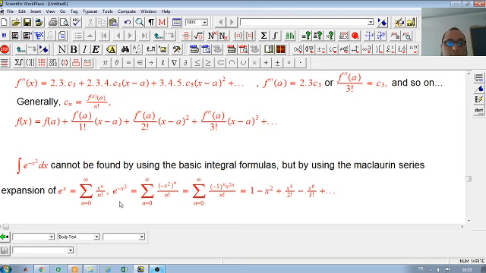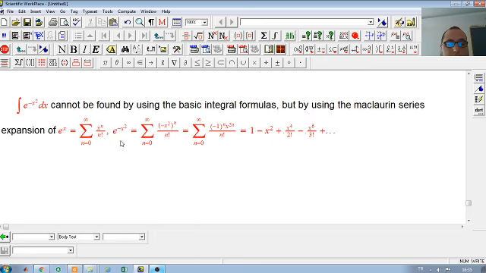So for the function e^(-x^2), we have a Maclaurin series or Taylor series expansion. In order to find its integral, we will benefit from this expansion.